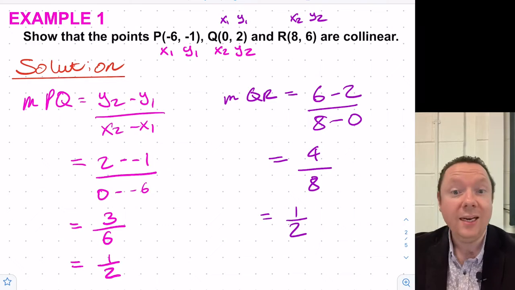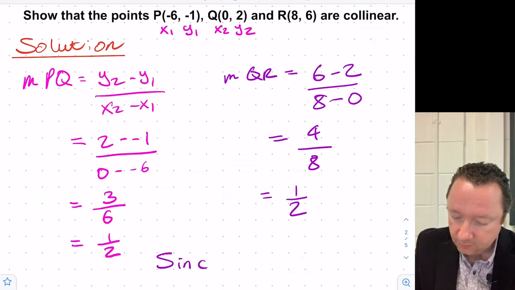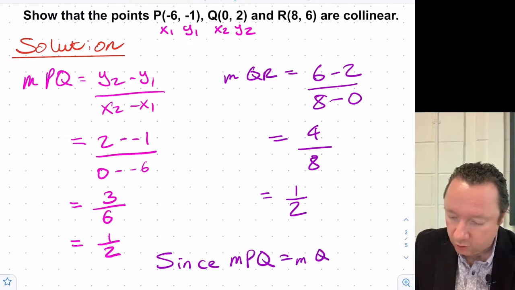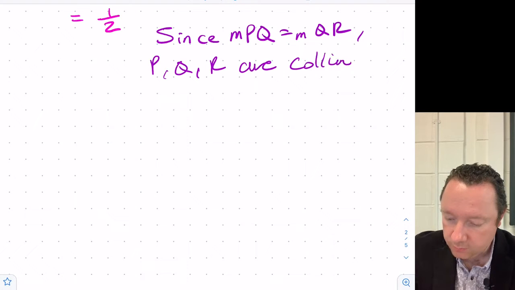So I've shown it, but I need to say how I know now. Since the gradient of PQ equals the gradient of QR, P, Q and R are collinear, as Q is a common point.